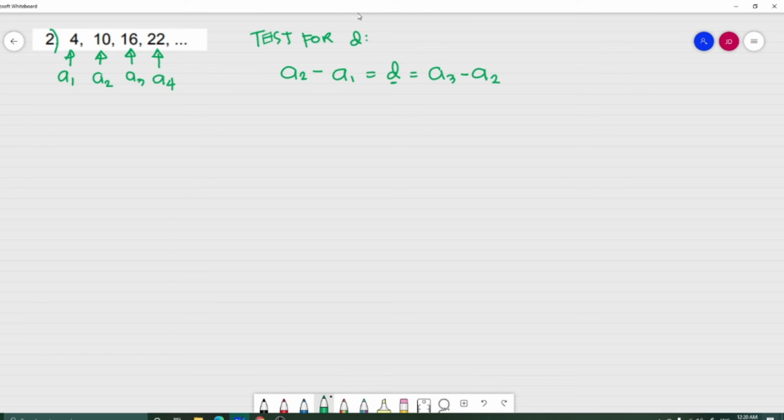So, 10 minus 4 is 6 equals 16 minus 10 is also 6. Therefore, this is true. So, you can now conclude that it is an arithmetic sequence.